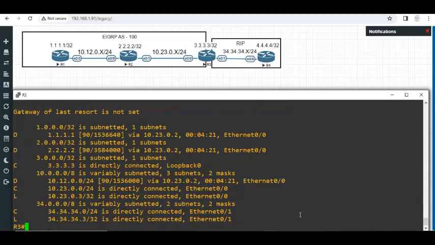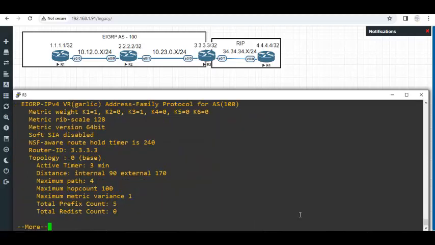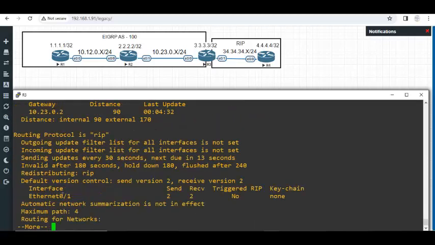Why am I not learning? RIP is running on this interface and it is version 2. RIP is running on these 2 interfaces and it is version 2. Now what is the problem then?